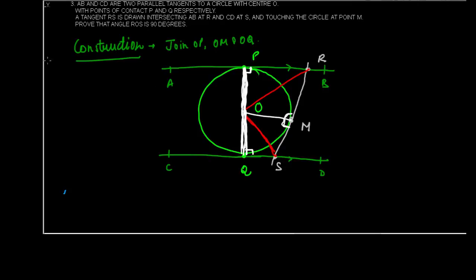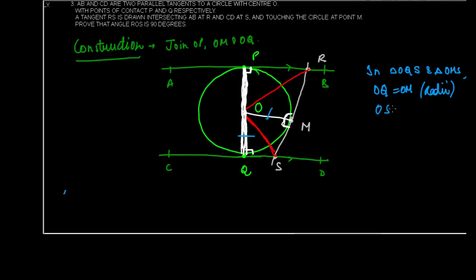So now let's look at two triangles. Now the proof. In triangle OQS and triangle OMS, what can you say here? OQ equal to OM, because they are both radii of the same circle, so definitely they have to be equal.